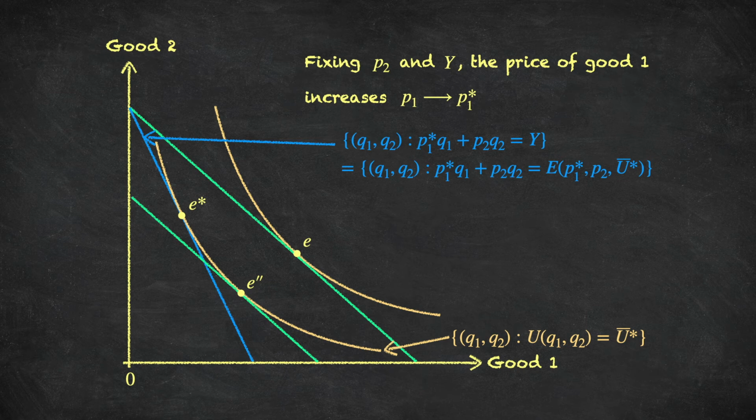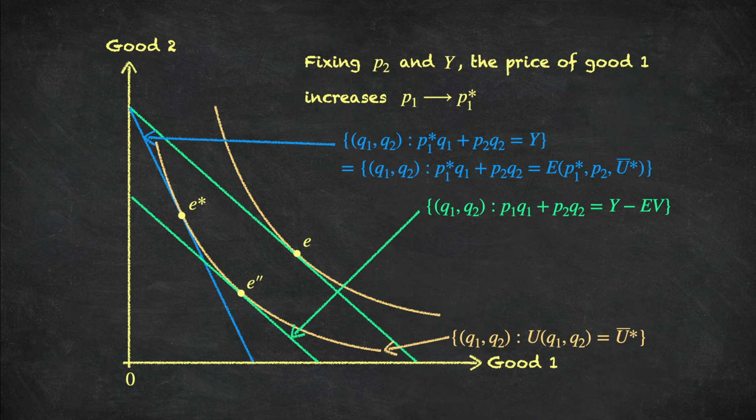So this would be the cheapest way of getting that level of utility at the original price level. Okay, so the equation for this line would be, well, everything along this line, the Q1 and Q2, has the property that the expenditure required for those bundles is equal to the original level of income minus the amount we called the equivalent variation.